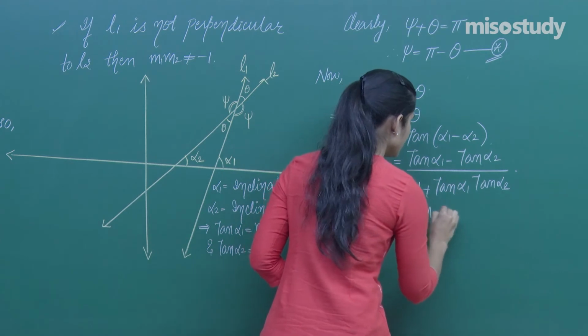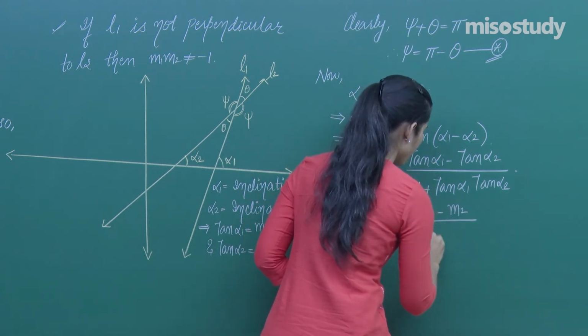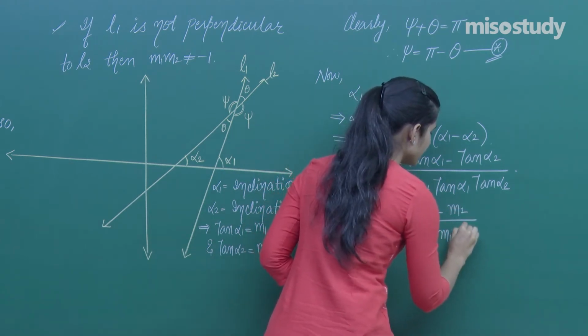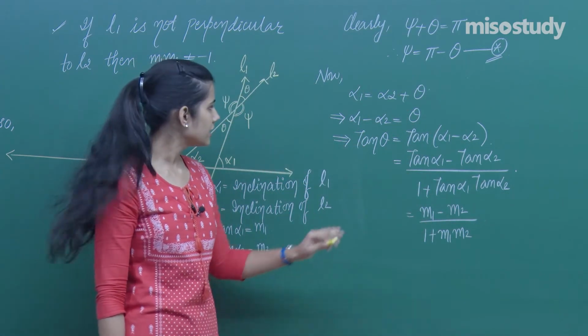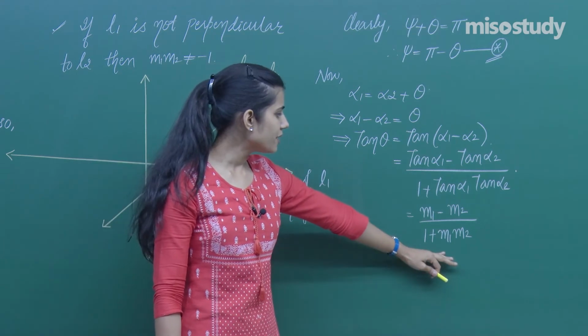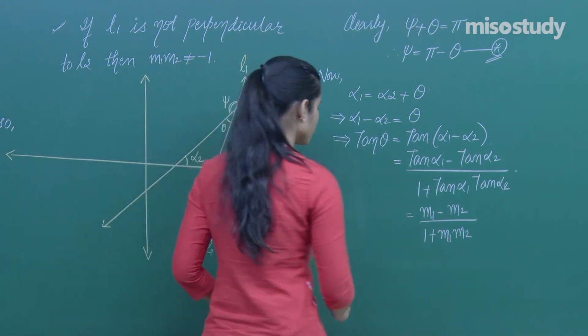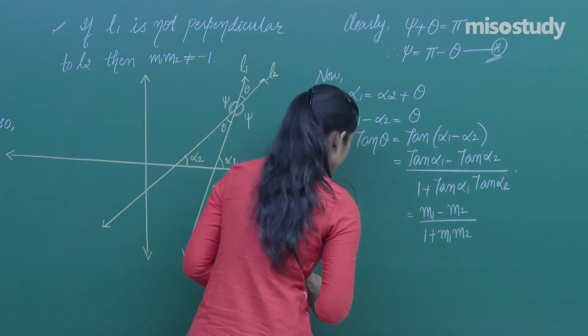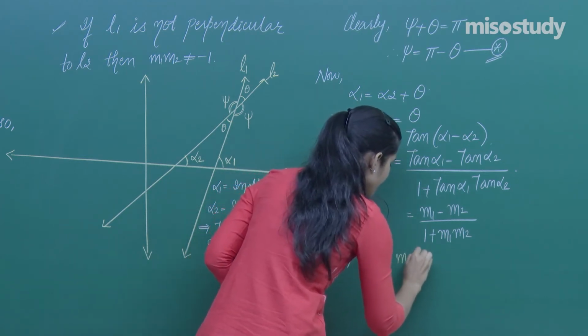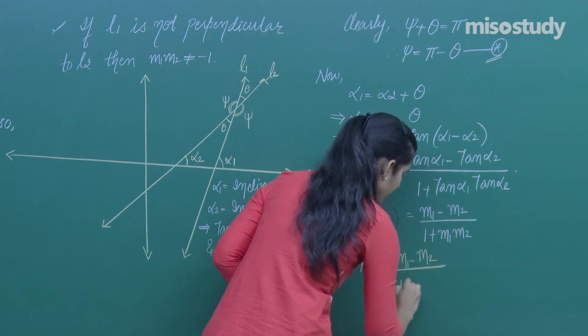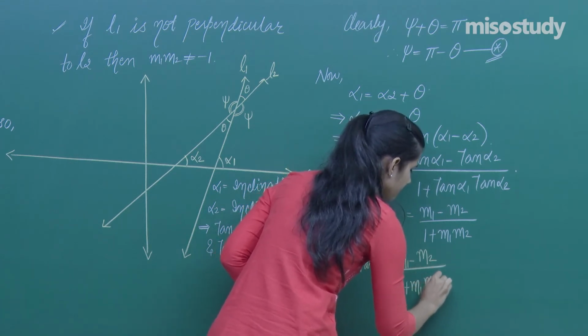It is m1, so tan alpha 1 minus tan alpha 2 becomes m1 minus m2 upon 1 plus m1 m2. Tan theta is coming out to be m1 minus m2 upon 1 plus m1 m2.